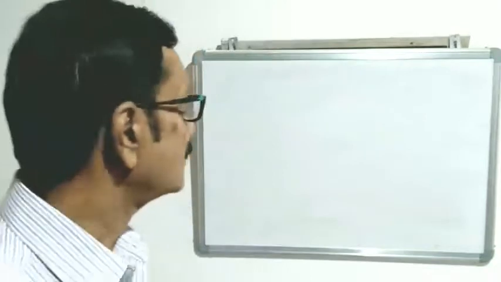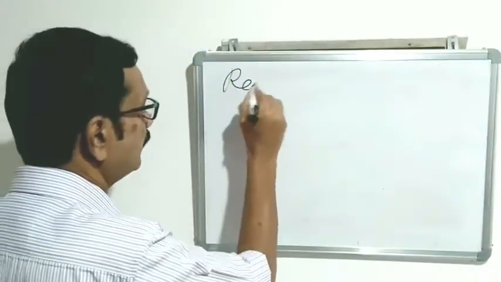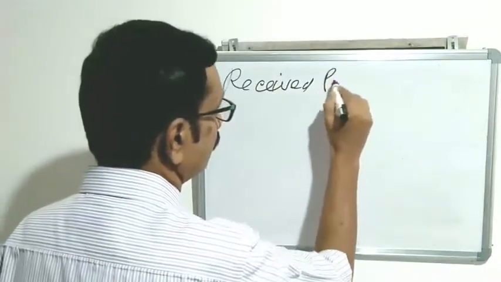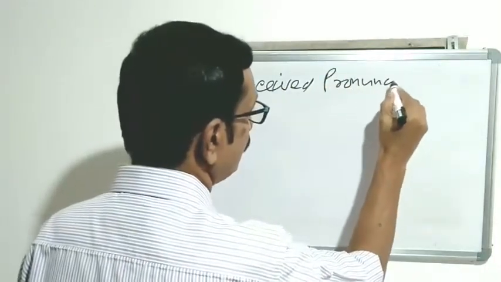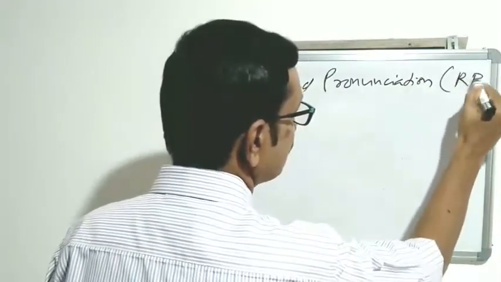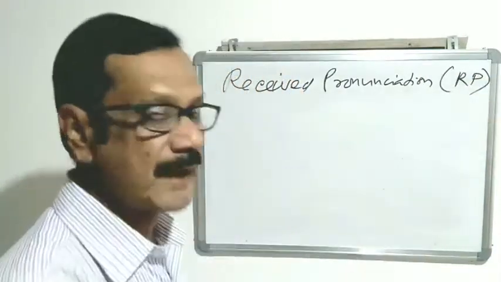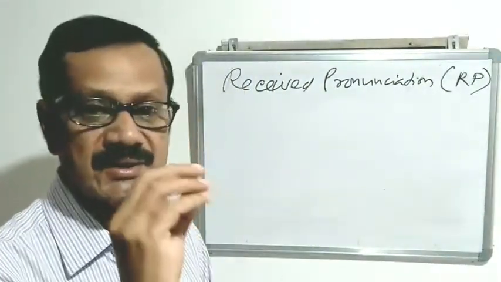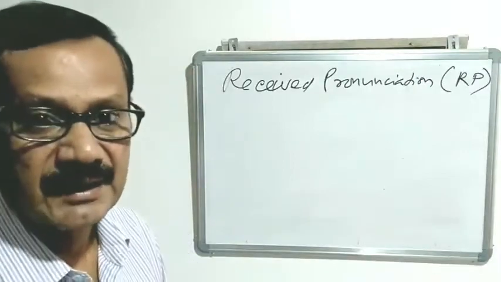Then we can have Received Pronunciation, RP. I have told you earlier, RP, Received Pronunciation. Received means accepted. So what is received pronunciation? It is just like standard English, the standard dialect.